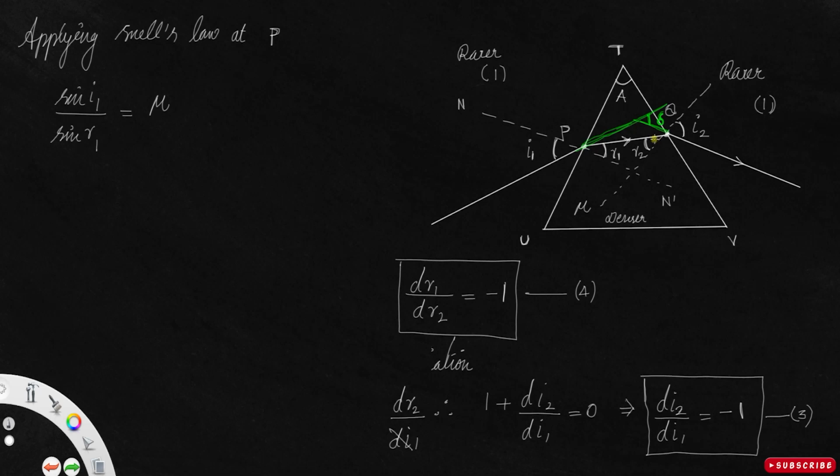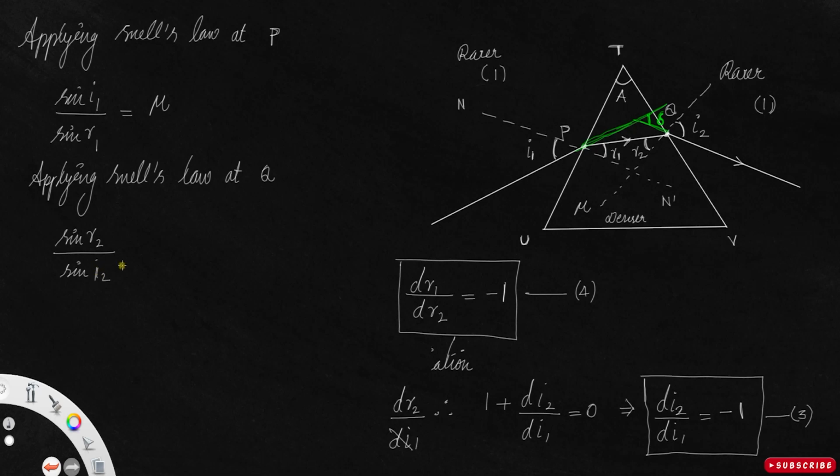Now applying Snell's law at point Q, you can write, this time the angle of incidence is R2. So sine R2 by sine of angle of refraction, here it is the angle of emergence, I2. For this surface, R2 is the angle of incidence and I2 is the angle of refraction, but I2 is also the angle of emergence.